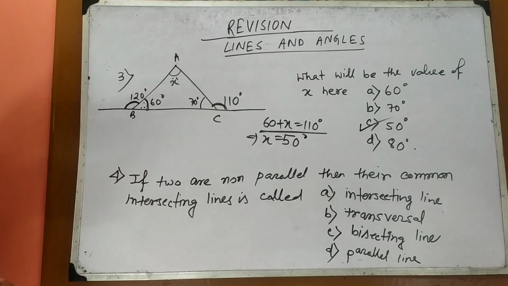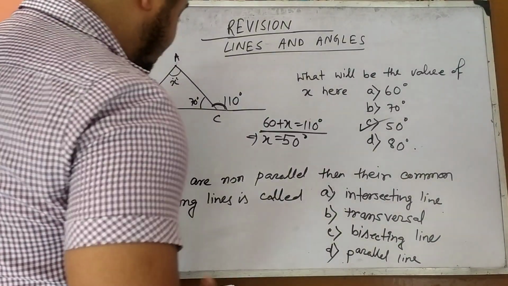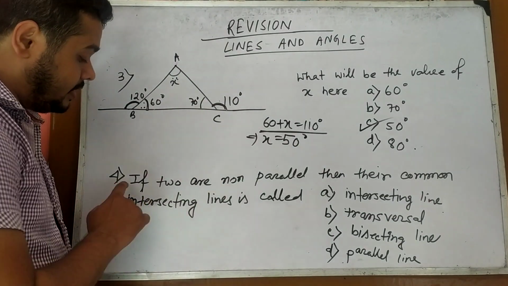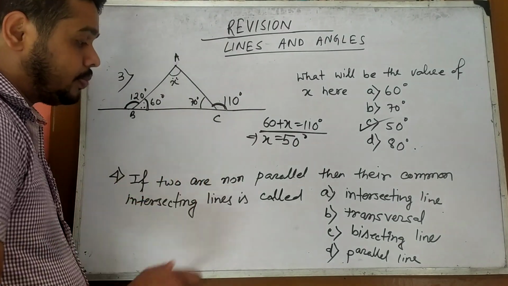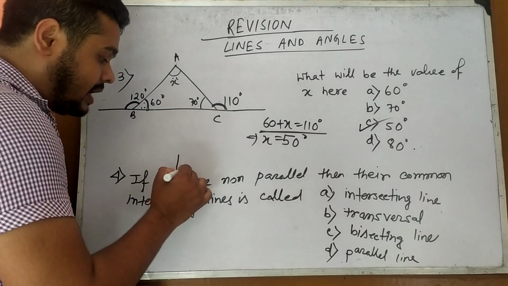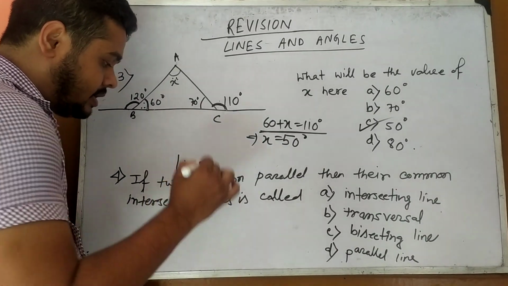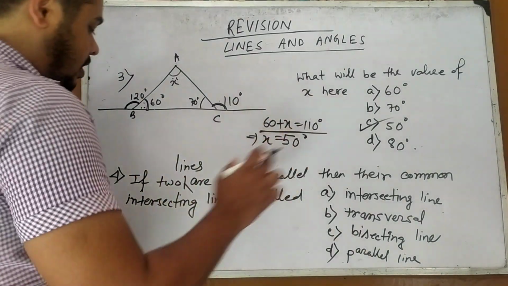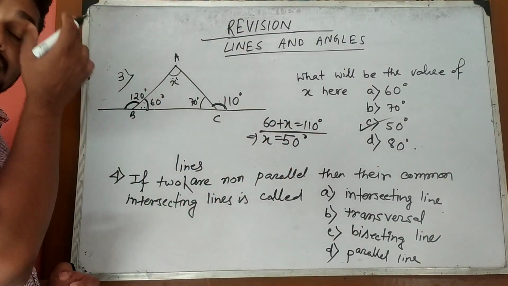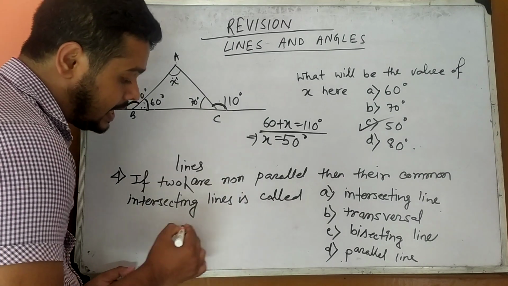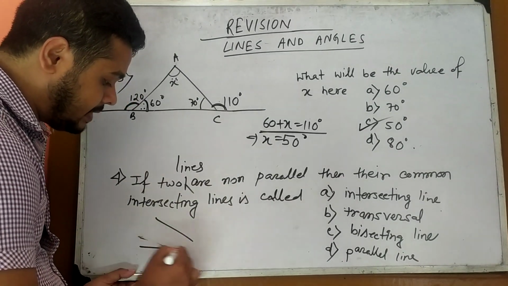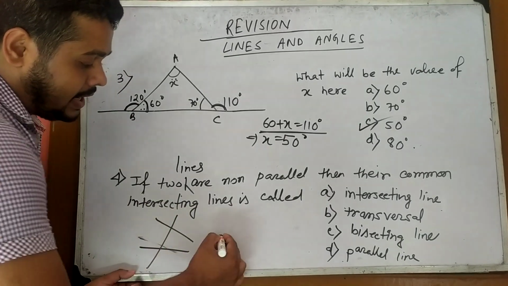Now question number 4. This is a very interesting question to me especially. If two lines are non-parallel, then their common intersecting line is called what? We know two cases may arise. They may be parallel.